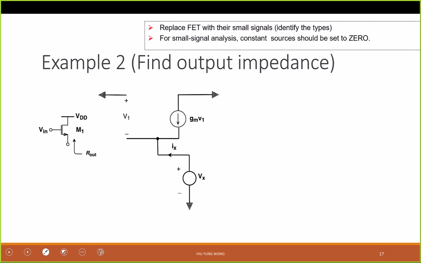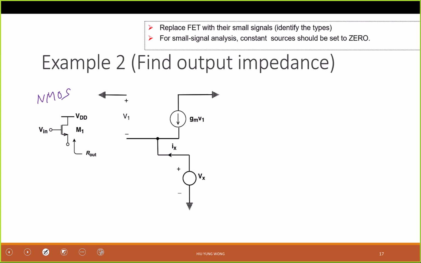What is the output impedance when I look up to the source? What is the output impedance? Difficult. All you need to do is just sit down and calculate. Again, definition. But I want to do this. I should first say, what is the transistor type?